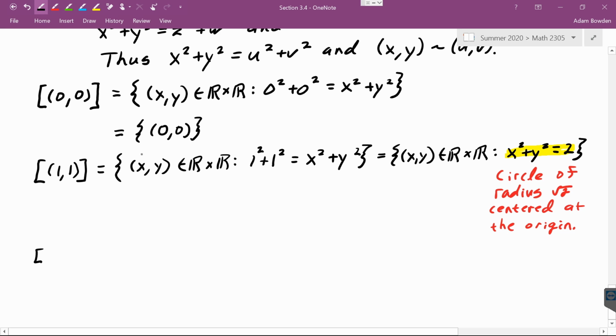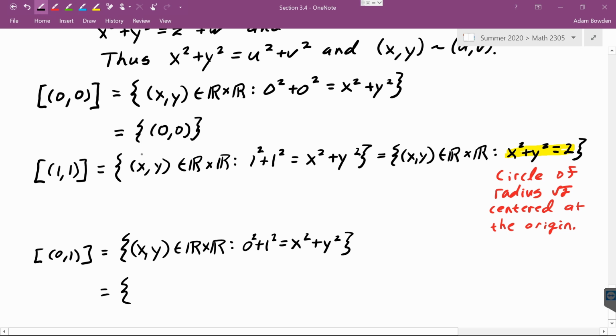Let's look at one more here. Let's say the equivalence class for the ordered pair (0, 1). That would be all the ordered pairs (x, y) such that 0 squared plus 1 squared is equal to x squared plus y squared.